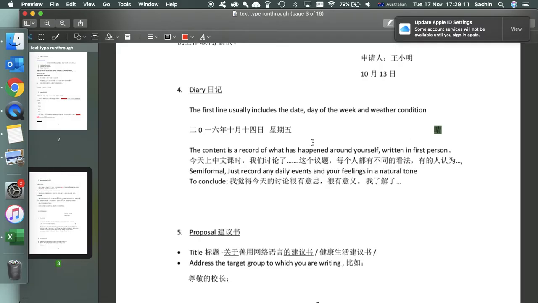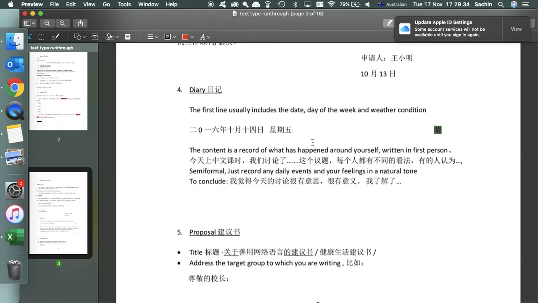And usually in a diary, once you have that simple formatting out the way, there's two parts to a diary. First, you just record what happened, and then you say what you learned from it and how it impacted you.